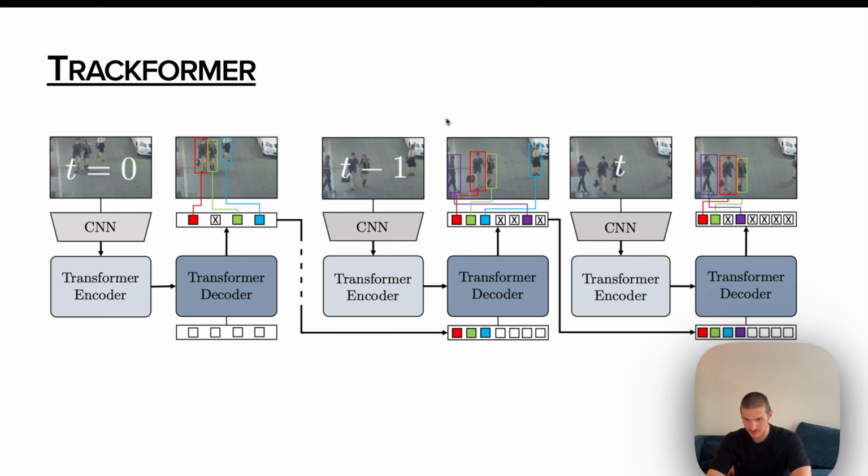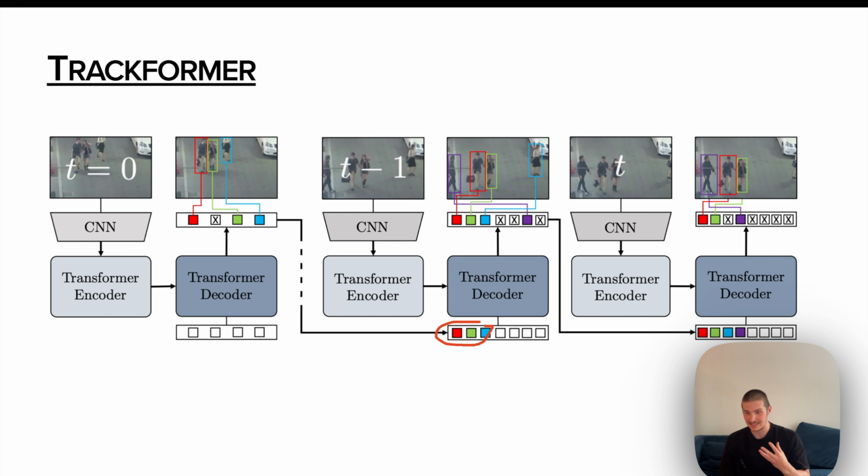You can see on the next frame that every person moved slightly. This woman moved to the right, this couple moved a little bit down the road, and a new person appears from the left. So we have 3 queries that carry over from the previous frame.